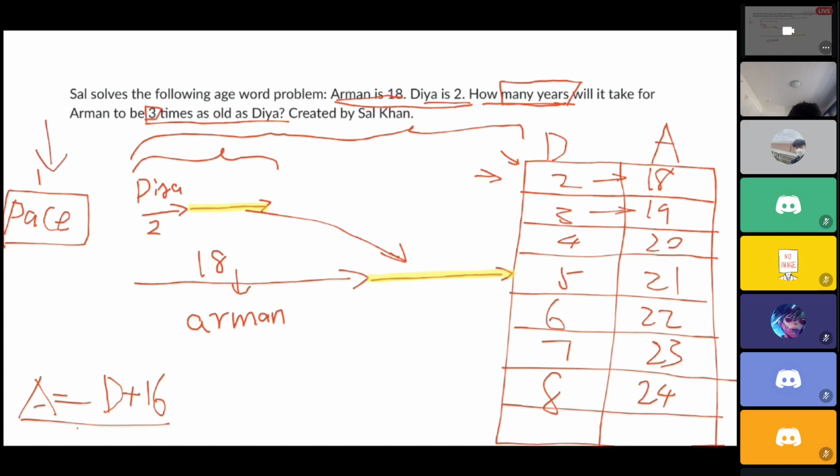What is the other observation I would say is more important? As Matthew has mentioned, Arman is 9 times as old as Dia at the beginning, and eventually it's 3 times as old as Dia. What do you also notice about this relationship?